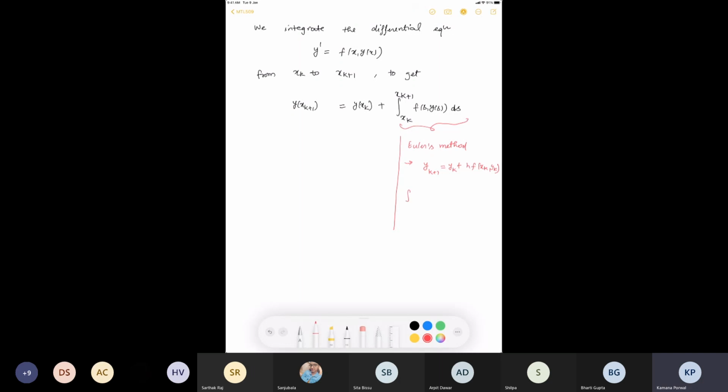If you use this approximation, basically you consider the approximation of f by a constant. And what is that constant? You evaluate it at the first endpoint.